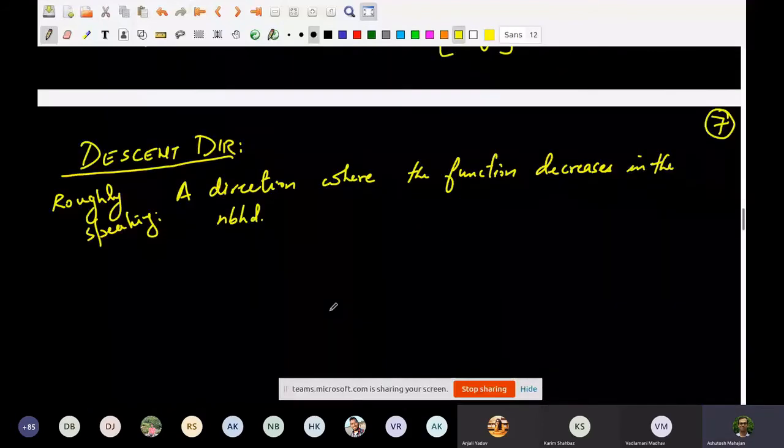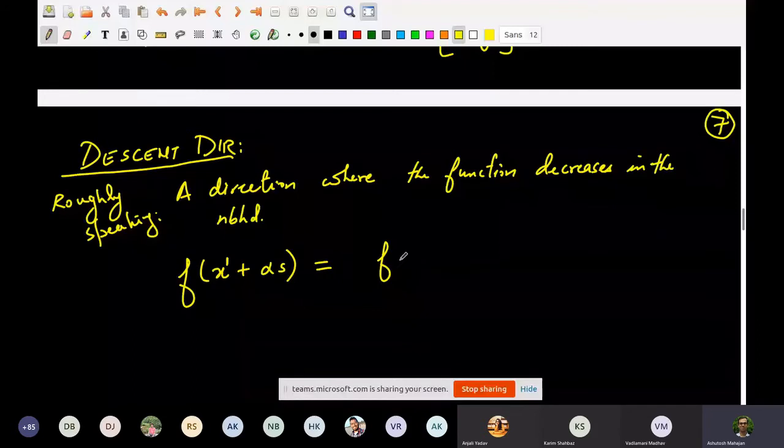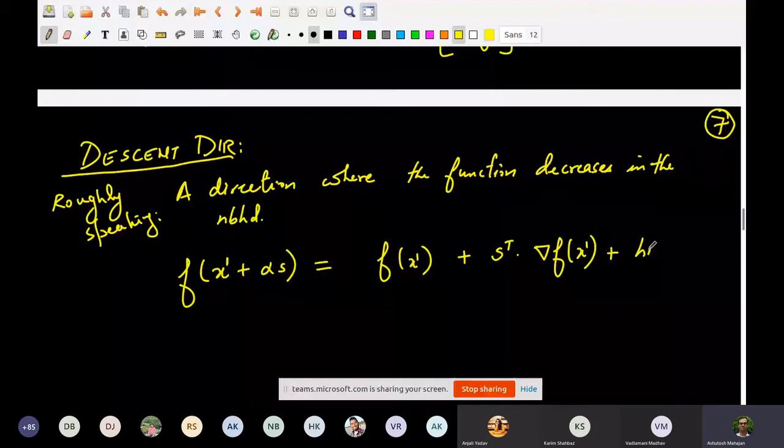This is where the Taylor series comes into the picture. The first order Taylor series approximation tells us that f(x + alpha s), at point number 1, is equal to f(x1) plus alpha s transpose gradient of f at x1, plus higher order terms.